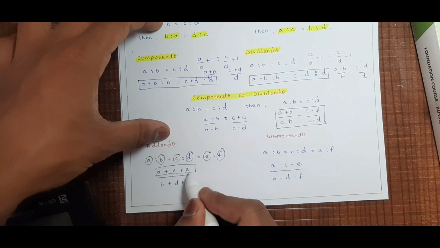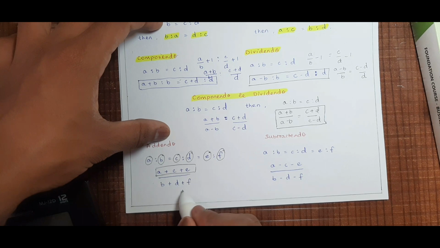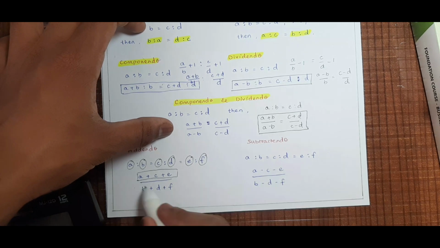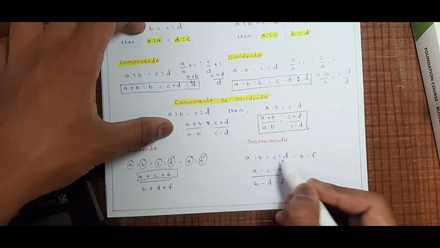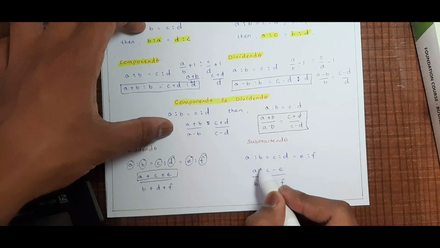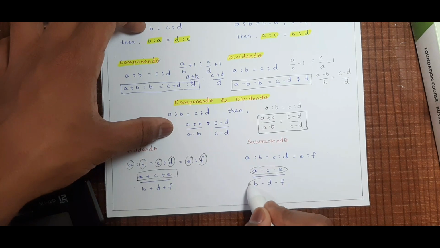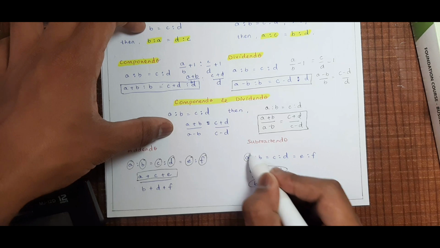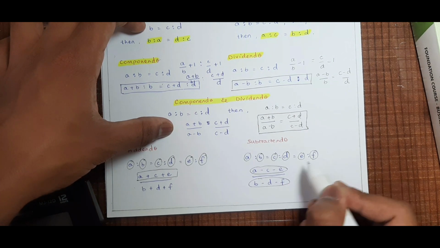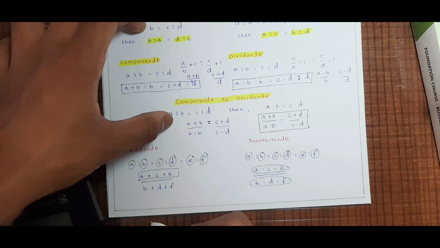A plus C plus E by B plus D plus F. In the same way, subtractendo: A minus C minus E divided by B minus D minus F. Antecedents and consequents. These are antecedents, these are consequents. Same way even in addendo.